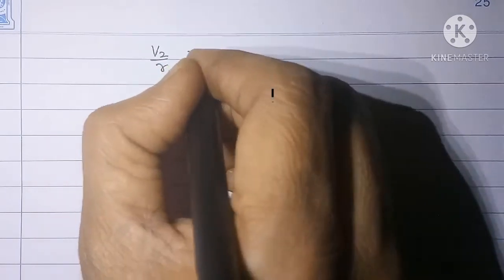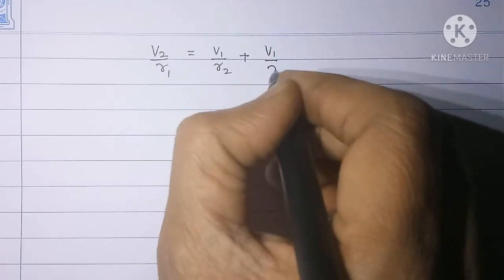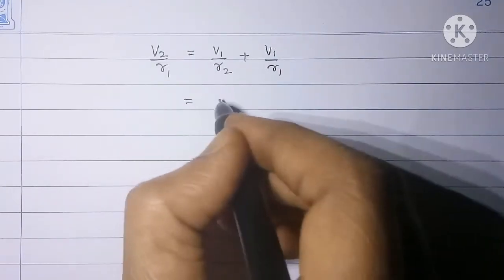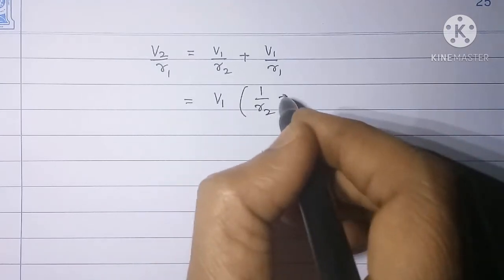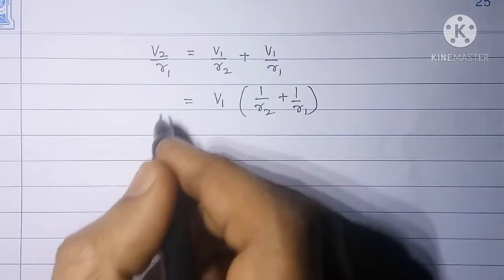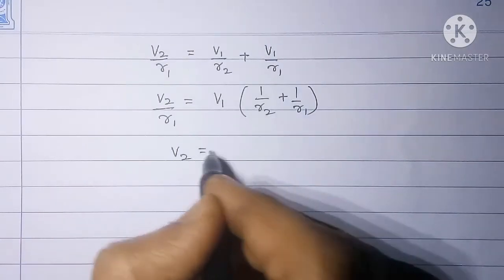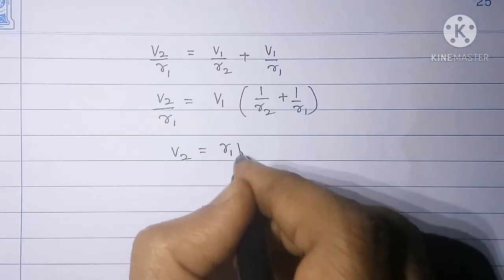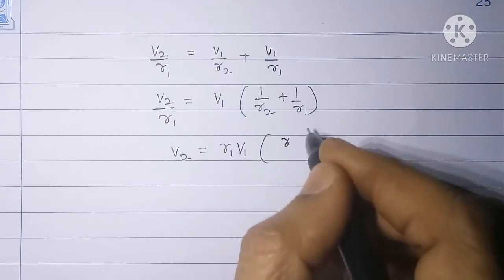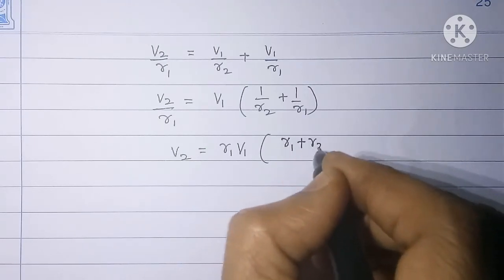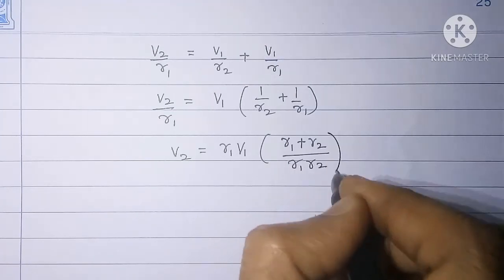V2 by R1 equal to V1 upon R2 plus V1 upon R1, and we can write V1 into bracket 1 by R2 plus 1 by R1 equal to V2 by R1, or V2 is equal to R1 into V1 into (R1 plus R2) divided by, taking LCM here, R1 into R2.